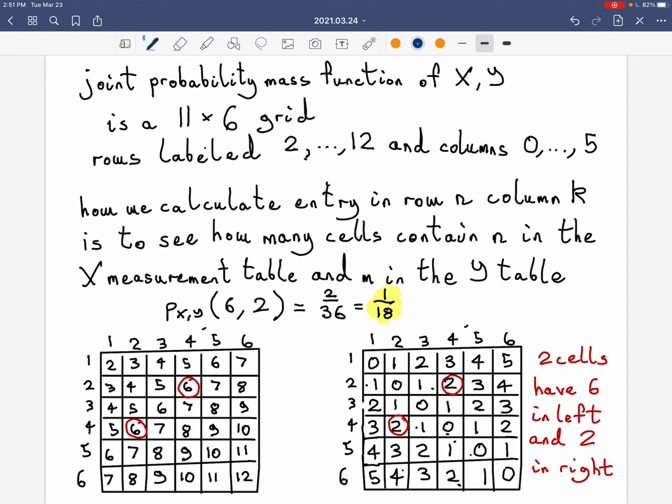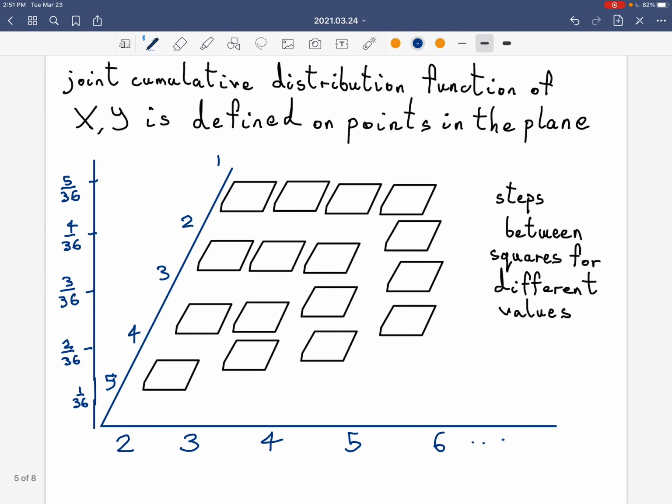And if I look at those two cells, I can also check the probability that x is greater than or equal to 2 and less than 3. There are no cells which satisfy both of those bounds.